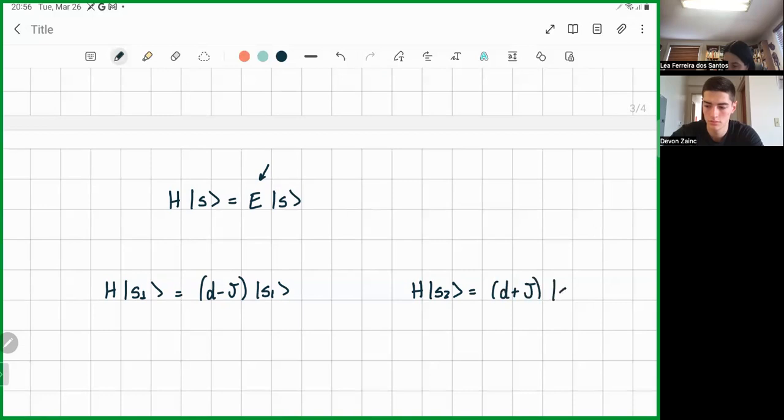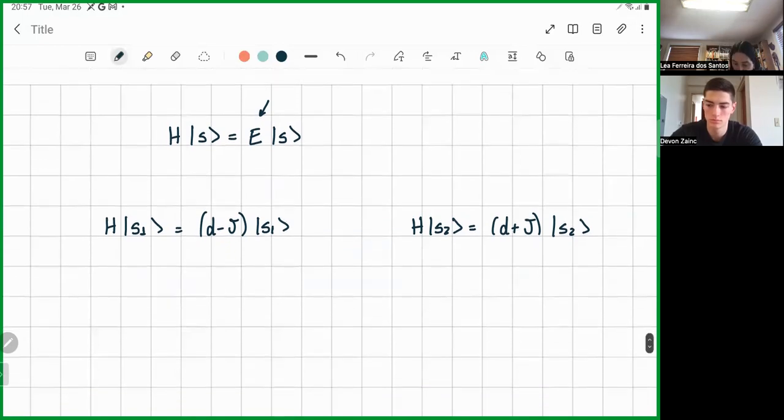I just get a number in front. This means to have the solution of Schrödinger's equation. Very good. Now we are there. What is S1? What is S2? I don't know, but I know it has to be a vector with just two elements. I mean, this is a two-dimensional Hilbert space.